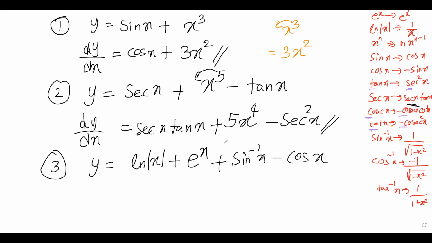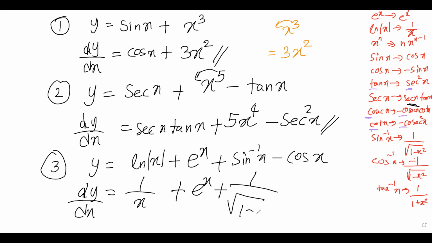If they are having addition and subtraction, you can just do it term by term. So there should be dy by dx equal to, for ln x, 1 over x, plus e to the x, plus, for sin inverse x, 1 over the square root of 1 minus x squared, minus cos x. The derivative of cos x is minus sin x. Now minus and minus become plus. You can just do it like that.